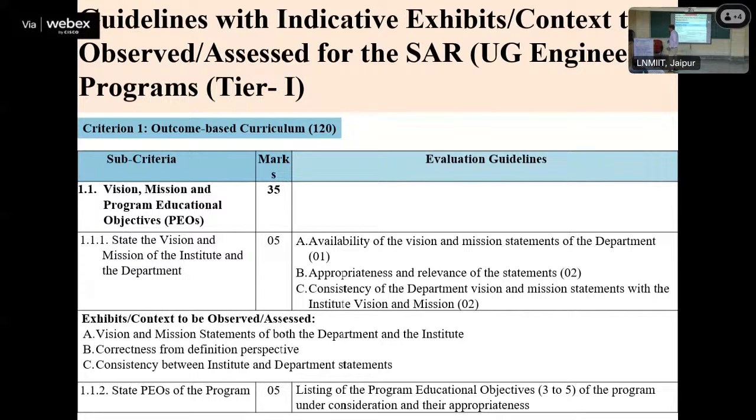Let's say one more question. One expert asked the HOD, from which year are you practicing the OBE philosophy? Please give me the documentary proof whether it has been approved at the institute level or at the department level.